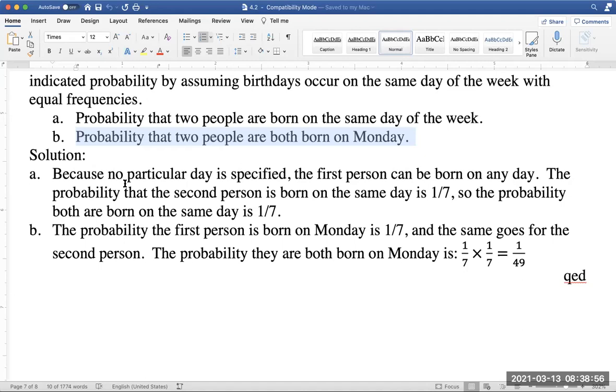So that's my assumption. Let's look at this first person. The probability they were born on Monday: there's 7 days in a week and only one Monday, so 1 out of 7. The probability the second person was born on Monday, again, is 1 out of 7. Times 1 out of 7 gives you 1 out of 49.